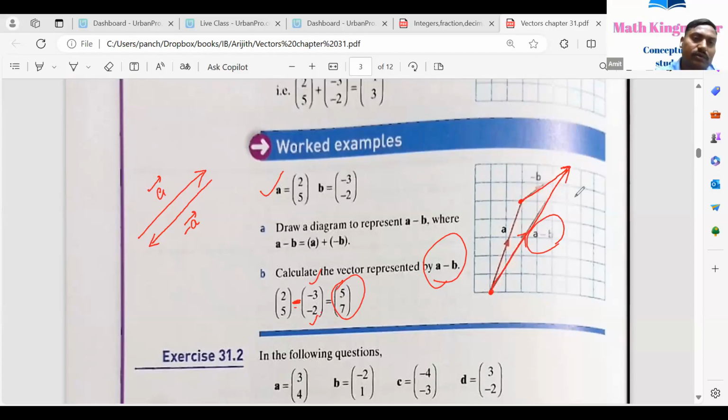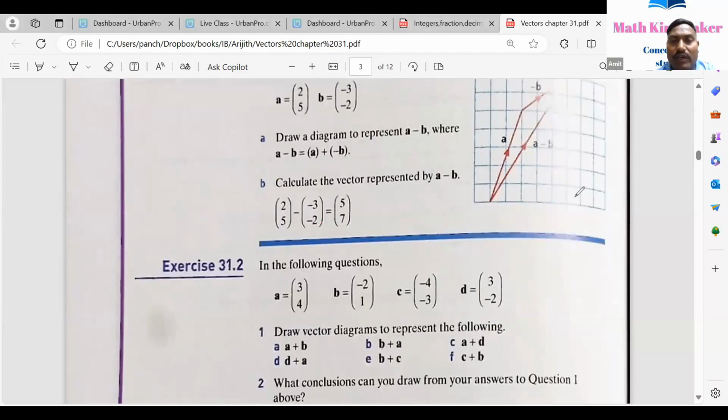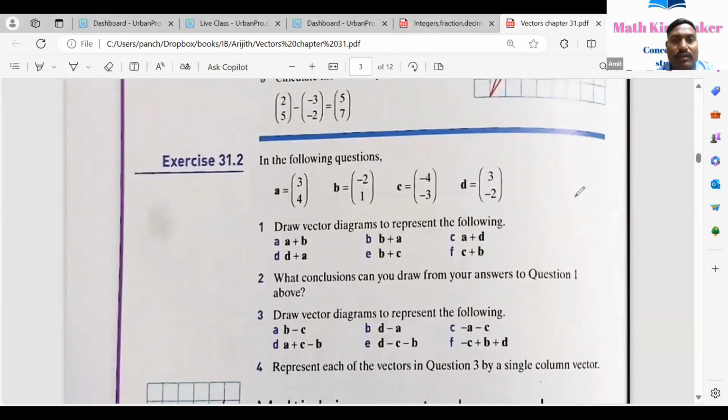Okay. So now you will do the addition and subtraction. In the following question, A is equal to 3, 4, B is equal to -2, 1, C. Now you have to represent A plus B. Just write it down, A, B, C, D. Then I'll ask you. I'll give you the blackboard.